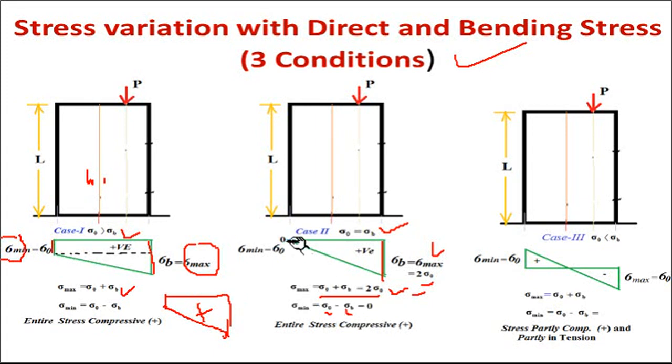It means on one side you will get stress 0, and on the other side it will be twice sigma 0. When sigma 0 equals sigma b, this is called the no tension condition. In the no tension condition, your stress diagram will be triangular. At one side sigma minimum is 0 and at the other side it is twice sigma 0.